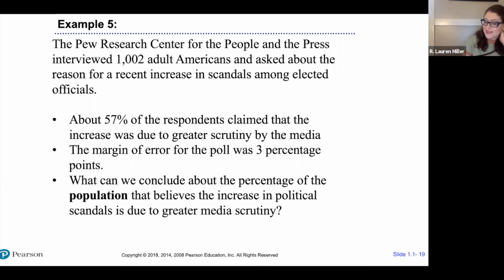Okay, so we're going to take 57% minus 3 and 57 plus 3. That would give us a range of 54% to 60%.